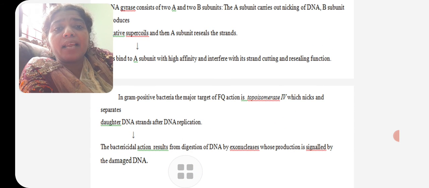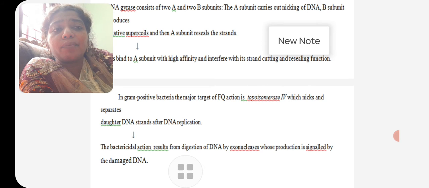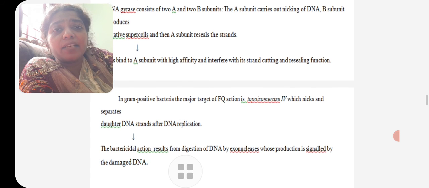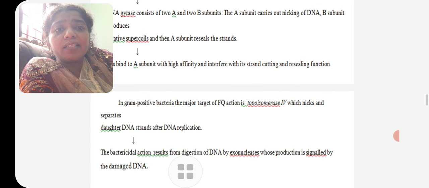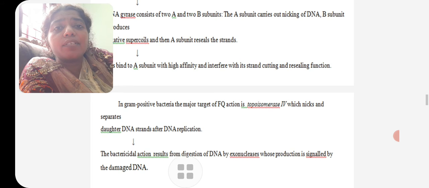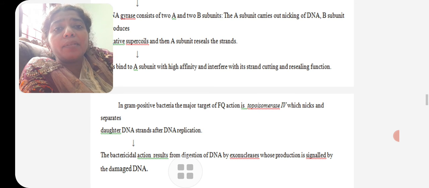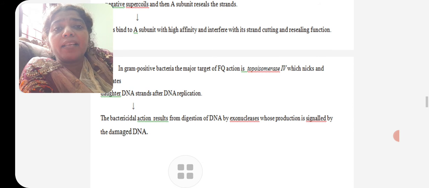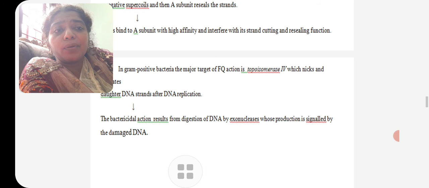In gram-positive bacteria, the target of action is topoisomerase 4, which nicks and separates the DNA strands for DNA replication. Finally, the bactericidal action occurs by digestion of DNA by exonucleases.